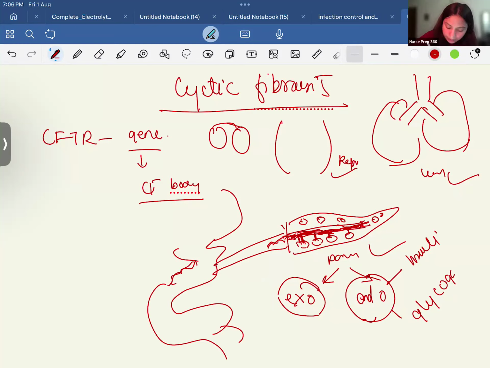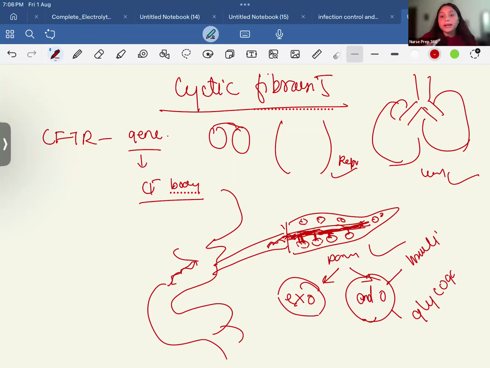As you will not be receiving your amylase, protease, and lipase, what does amylase do to your body? It breaks down your carbs. Very good. Carbs.